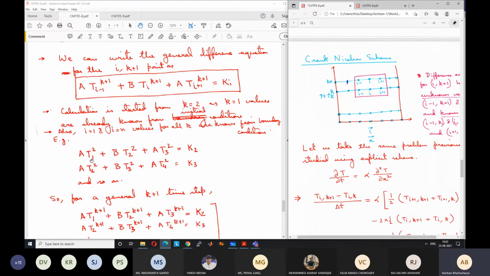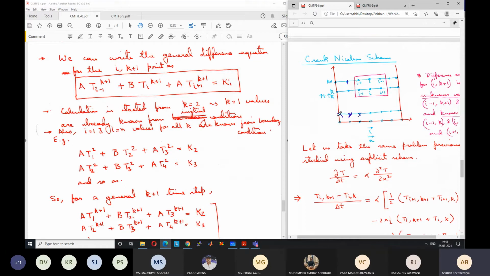Okay, so if I start from the first time step, for this point the equation is A T1 at k plus 1, means at 2, because these k values are already known at 1, plus B T2 at 2, plus A T3 at 2.